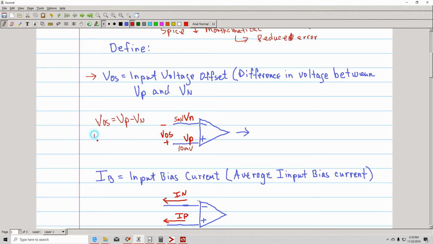Then the offset voltage is going to be 10 millivolts minus 5 millivolts, 5 millivolts. So you would have a VOS of 5 millivolts. It's basically the difference in the voltage between the non-inverting terminal, represented by V sub p, and the inverting terminal, the V sub n terminal.